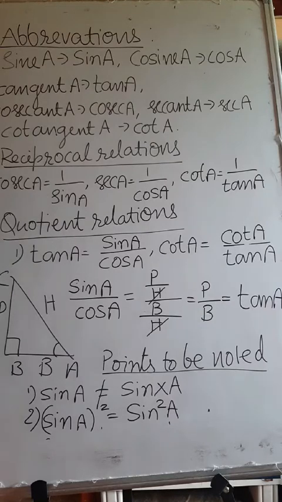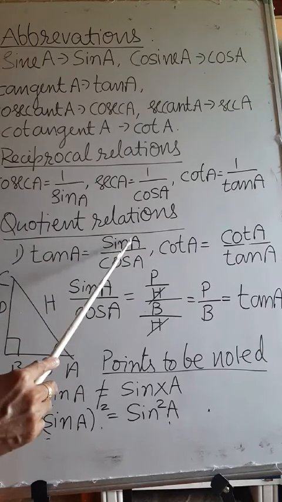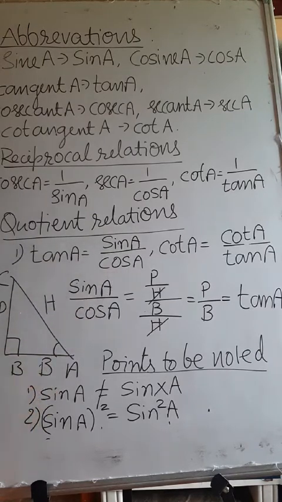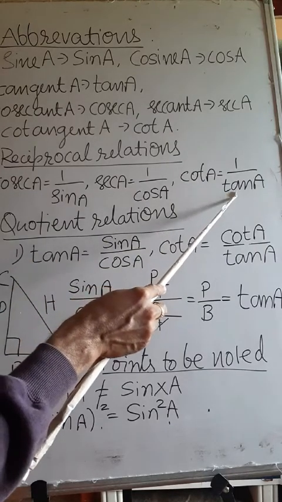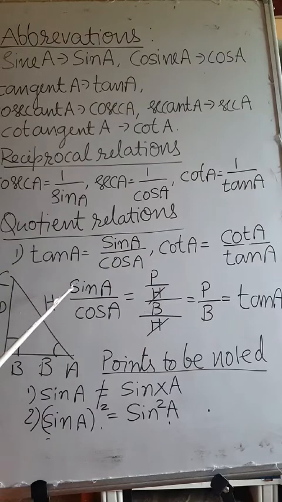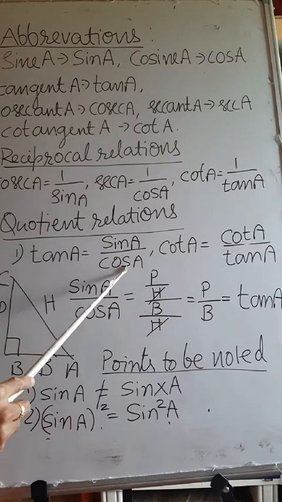Okay. And at last, quotient relations. What is that quotient relation? Tan A can be written as sin A by cos A. How? I will tell you later, the proof is also there. See, cot A is the reciprocal of tan A. Here tan A is written as sin by cos.